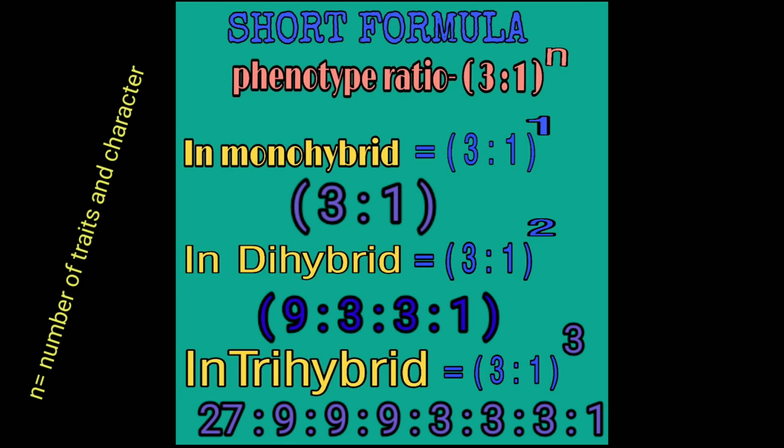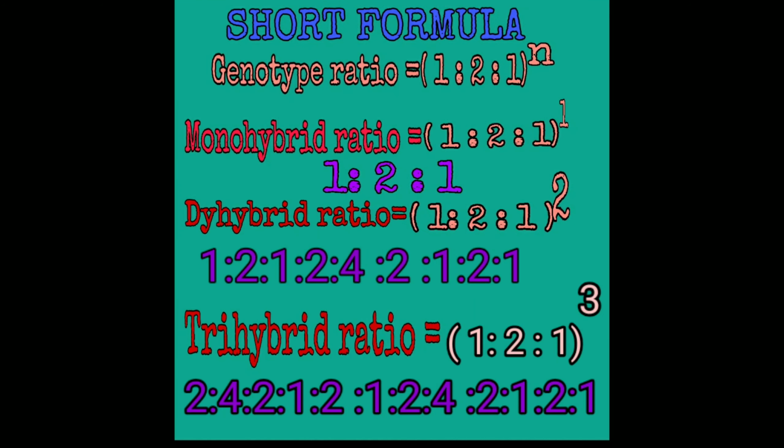In the case of dihybrid, the formula is 3:1 raised to the power 2, and we get the ratio 9:3:3:1. In the case of trihybrid, the formula is 3:1 raised to the power 3, and the ratio we get is 27:9:9:9:3:3:3:1.